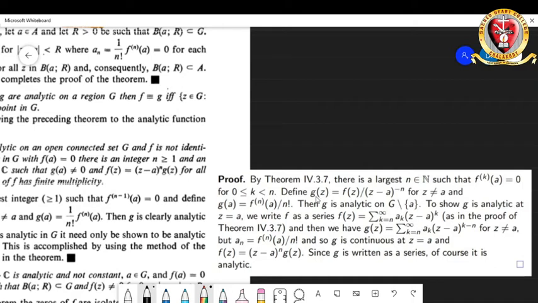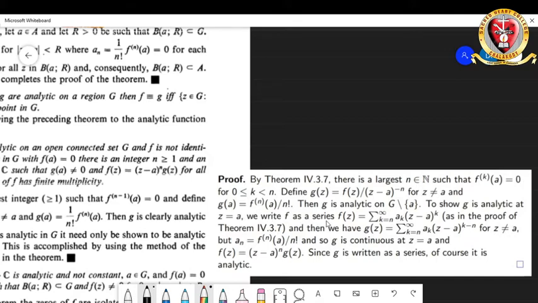Now define g of z is equal to f of z divided by (z minus a) raised to n, for z not equal to a, and g at a we are defining as Fn of a divided by n factorial. Definitely g is analytic in the set G minus a, and we have to show that it is analytic at z equal to a.